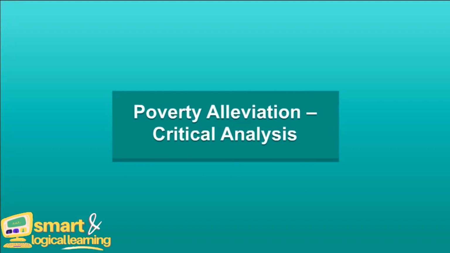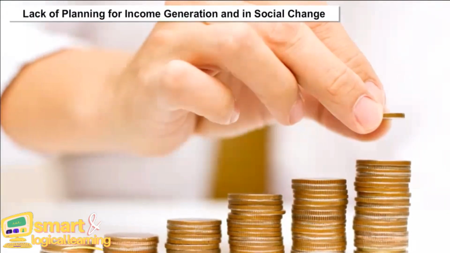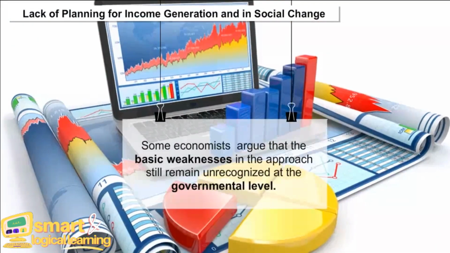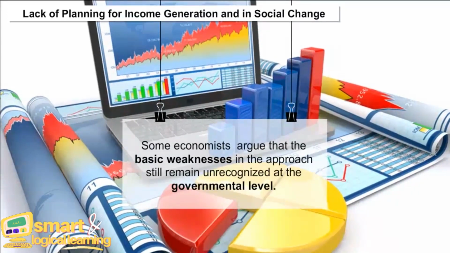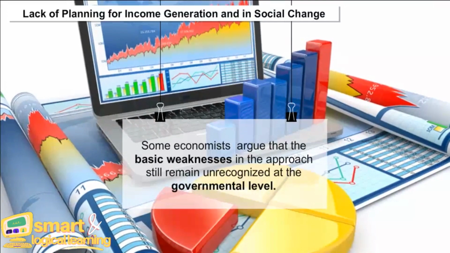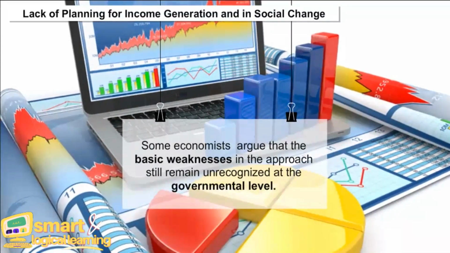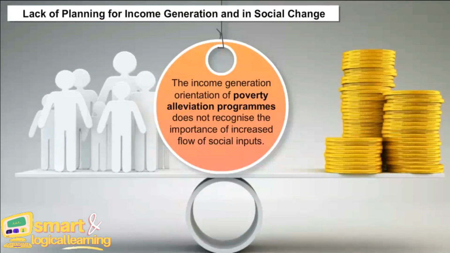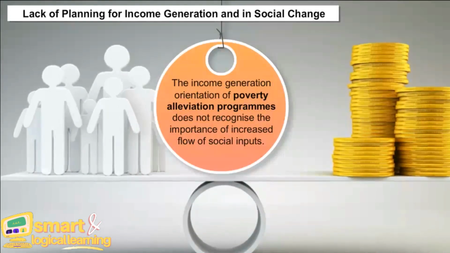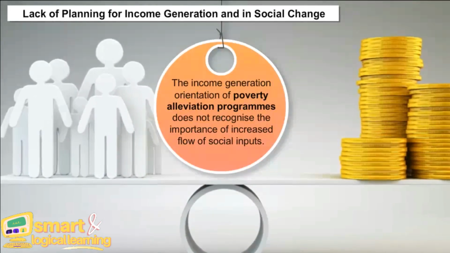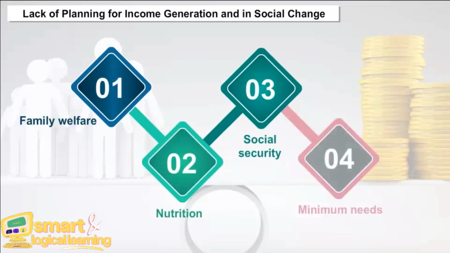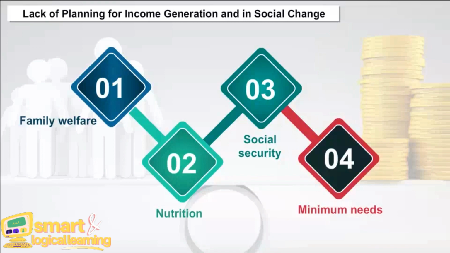Poverty alleviation critical analysis. Lack of planning for income generation and in social change. Some economists argue that the basic weaknesses in the approach still remain unrecognized at the governmental level. The income generation orientation of poverty alleviation programs does not recognize the importance of increased flow of social inputs through family welfare, nutrition, social security, and minimum needs program on a long-term basis.